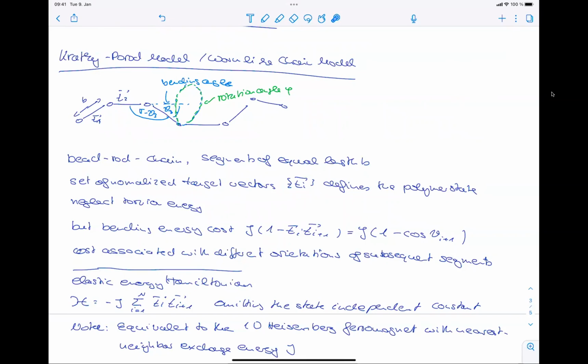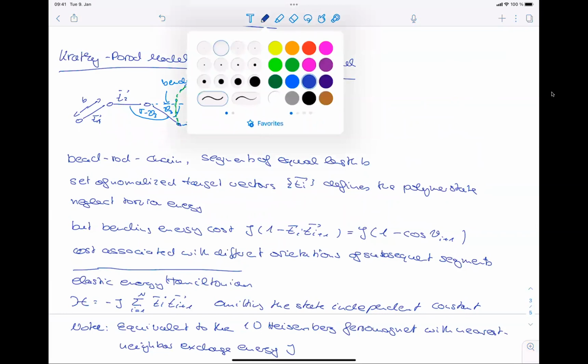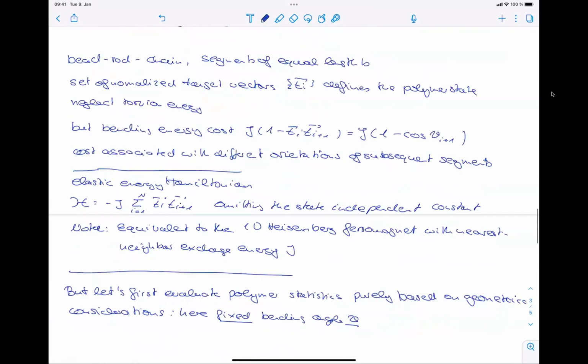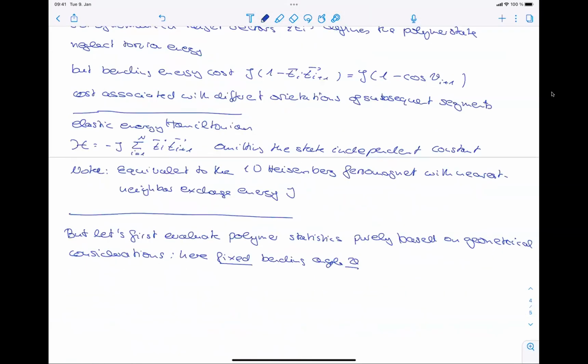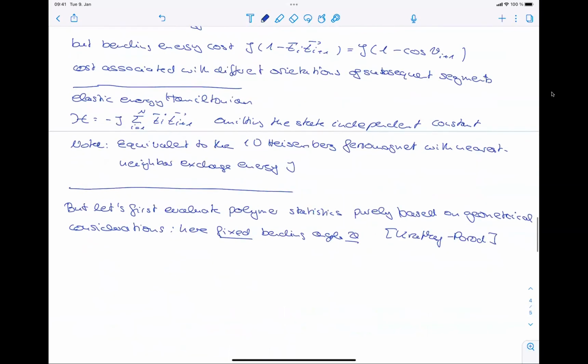So all of them have an angle theta in between them, but are rotated in 3D space, which is the definition of the Kratky-Porod model. Then the key geometrical property that we're interested in is the tangent-tangent correlation function.